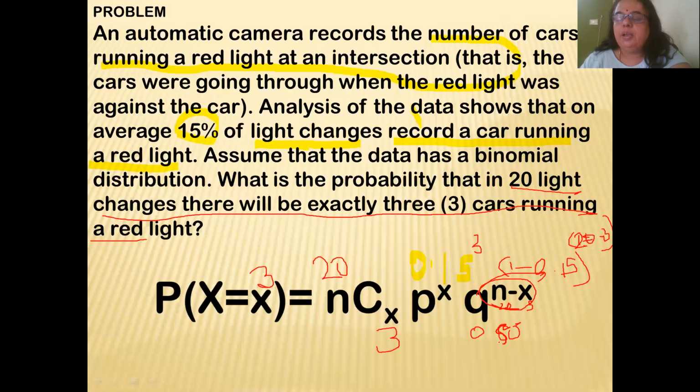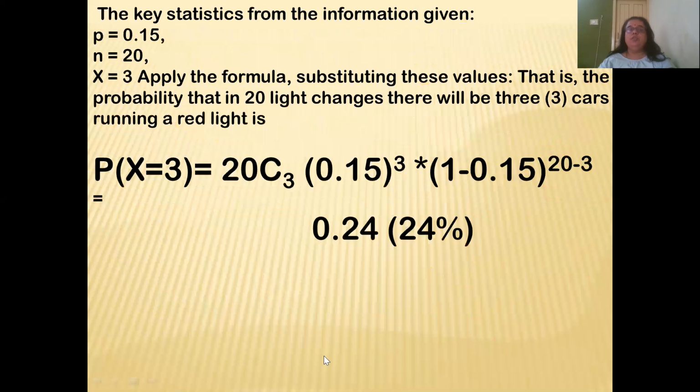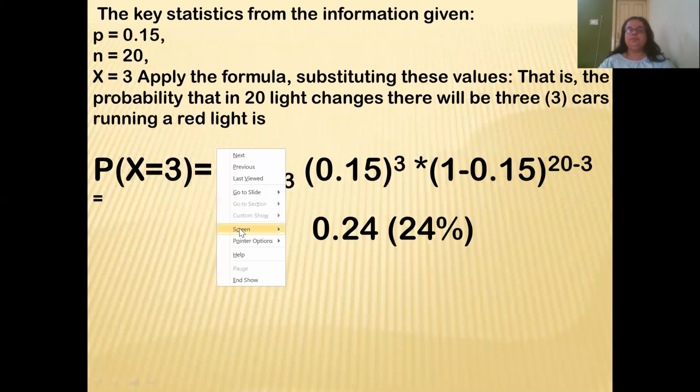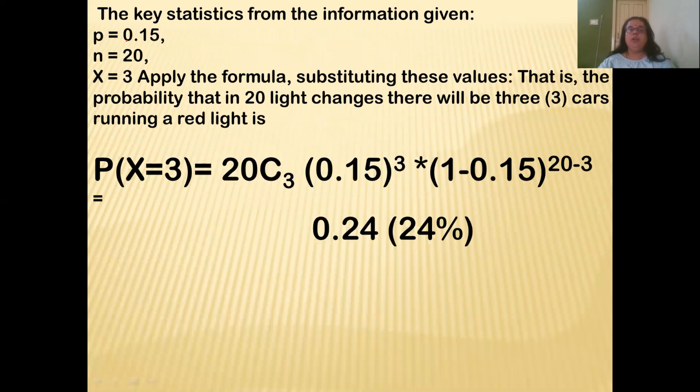Please forgive my handwriting using the mouse. P is equal to 0.15 to the power of 3, 0.85 to the power of 17, 20C3. So the key statistics are p is equal to 0.15, n is equal to 20, and x is equal to 3.